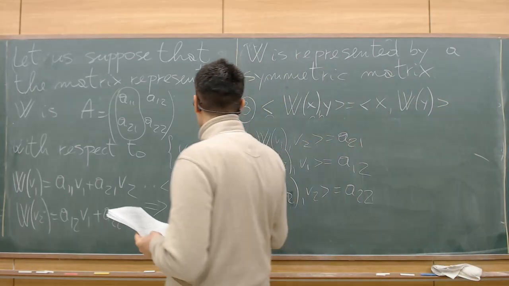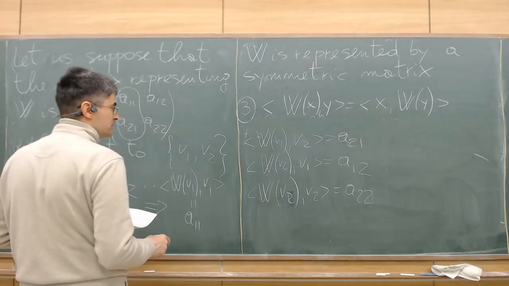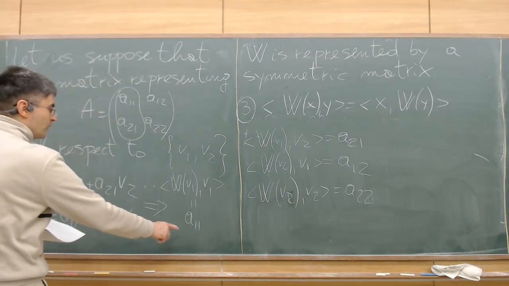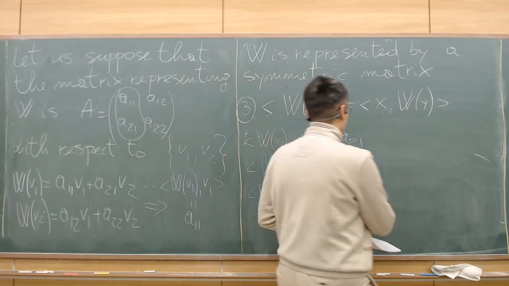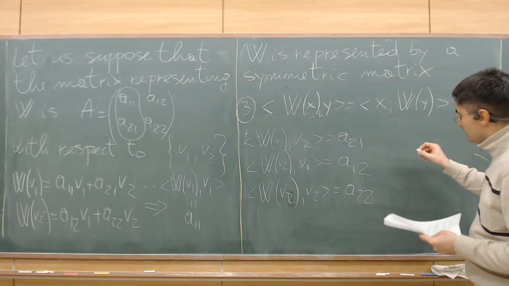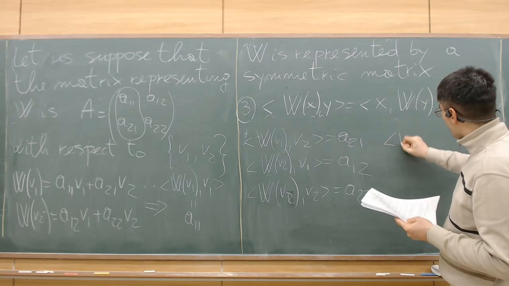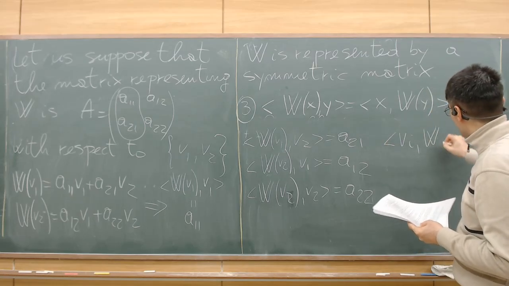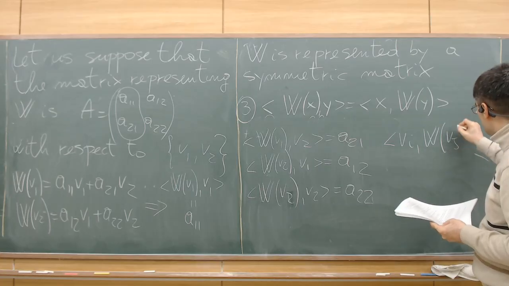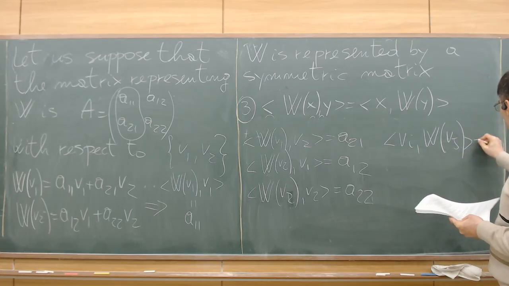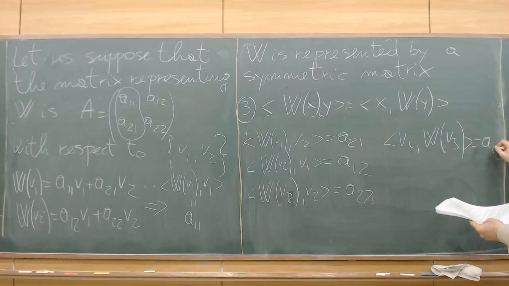If you want a formula for A11, A12, A21, A22, you can then write this one: Vi multiplied by Wvj, this is Aij.